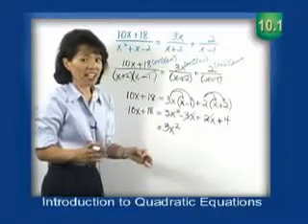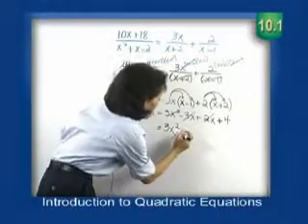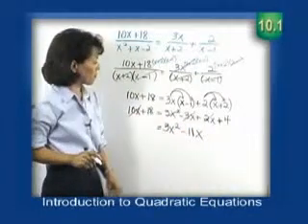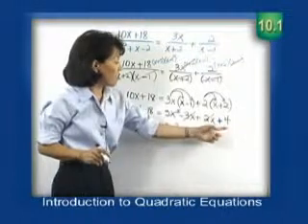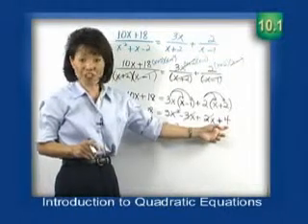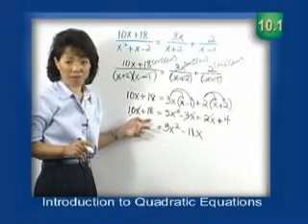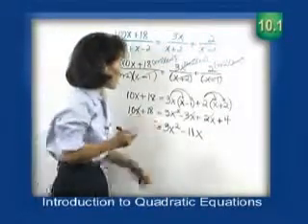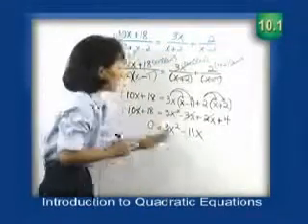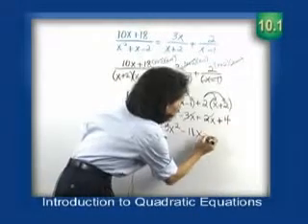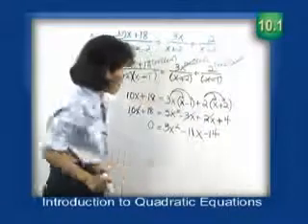Negative x minus 10x gives me a negative 11x. That takes care of those. And finally, I see I have a plus 4 here on the far right, but I have an 18 on the left-hand side of my equation. That tells me I want to subtract 18 from both sides. So are you with me? 4 minus 18 gives me a negative 14.